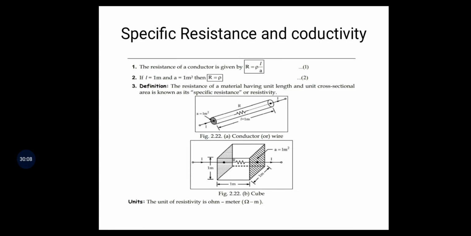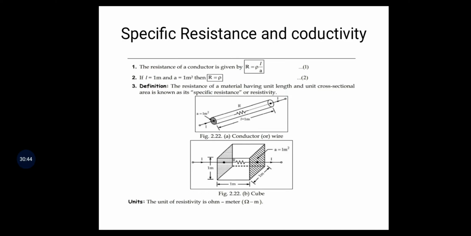Next we are discussing specific resistance and conductivity. What is the formula for resistance? R equals rho L by A. For any conductor, the resistance R equals rho L by A. Here rho is called resistivity, L is the length of the conductor, and A is the cross-sectional area of the conductor.